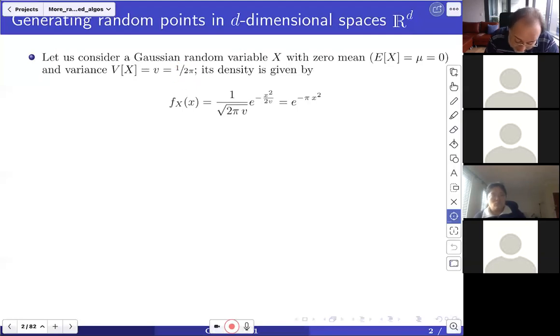So what does the Gaussian with variance 1 over 2 pi look like? Well, this is the formula, the density of a Gaussian. If I put here 1 over 2 pi, this disappears because 2 pi times 1 over 2 pi is 1. That's the only reason for our choice. And then here we have 2 divided by 2 pi. 2 and 2 cancel out and pi jumps above, and you get e to the minus pi x squared.